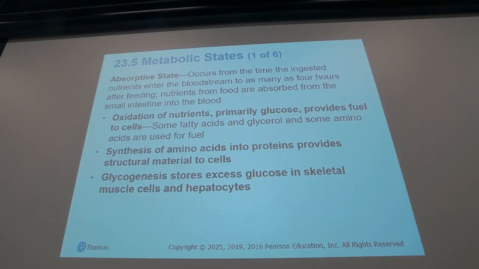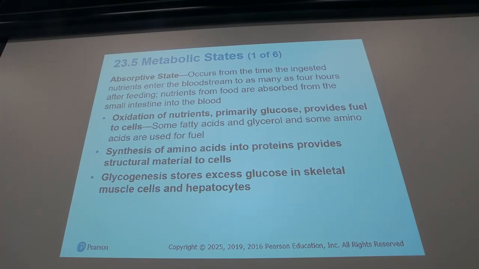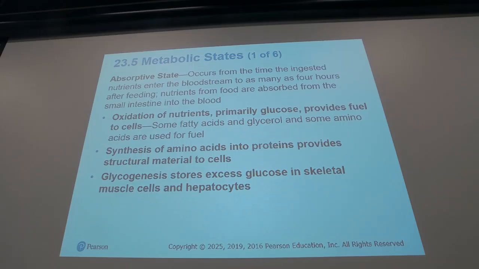Okay, now for metabolic state. So a metabolic state is defined as the status or the condition of our body. We have two metabolic states, fed or absorptive, and non-fed, that is post-absorptive.